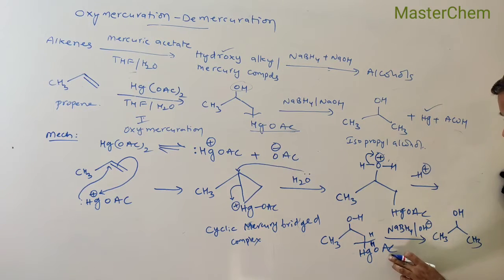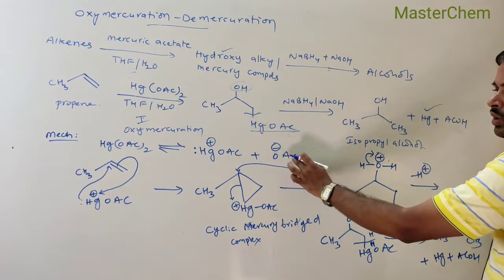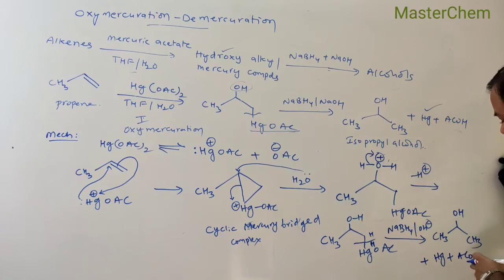Here the HgOAc is converted to Hg and AcOH, because OAc minus is there with H plus ions.